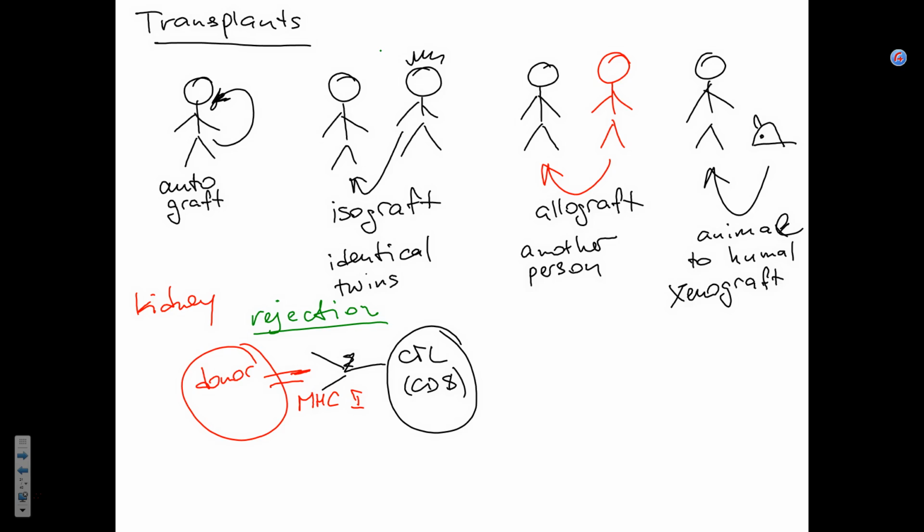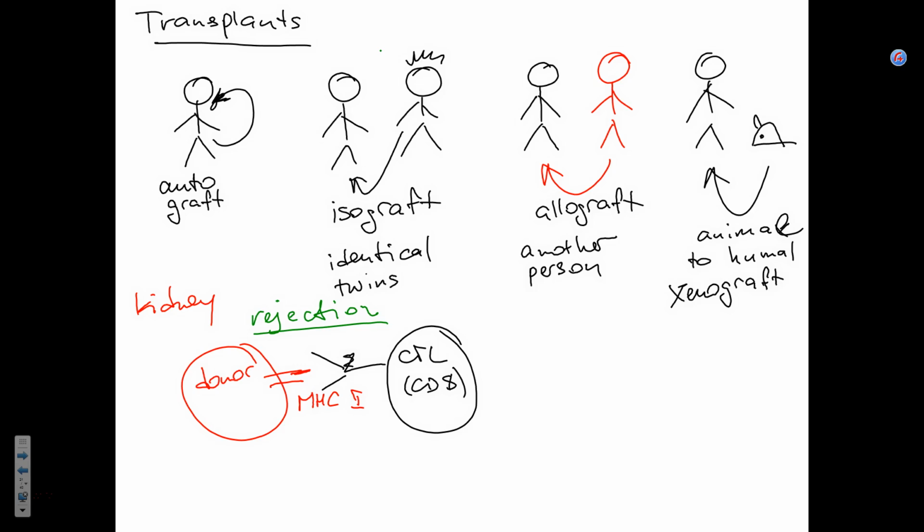Okay, if a person has a bad liver, can you just put the good liver next to it? No, you can't. You have to remove the bad one first, right? So you have to remove the bad bone marrow first. How do you do it? Oh, that will be quite a challenge. Radiation, you kill everything, right? Because it's cells.